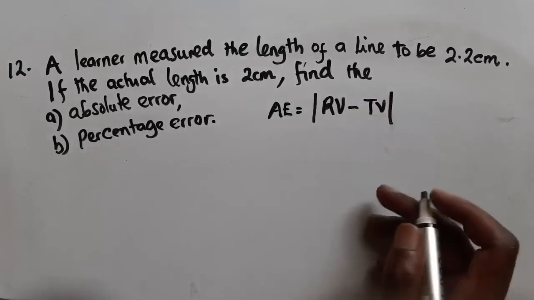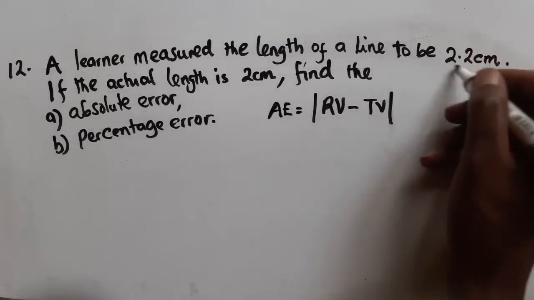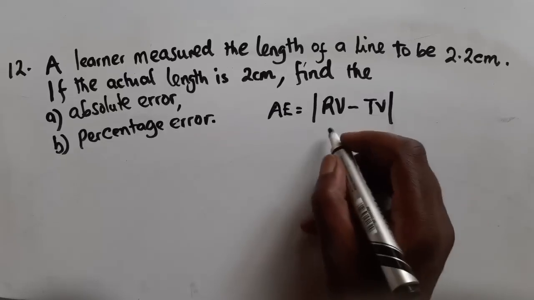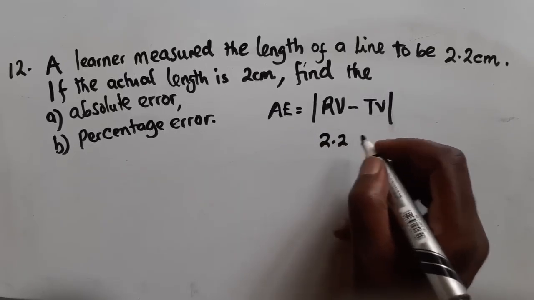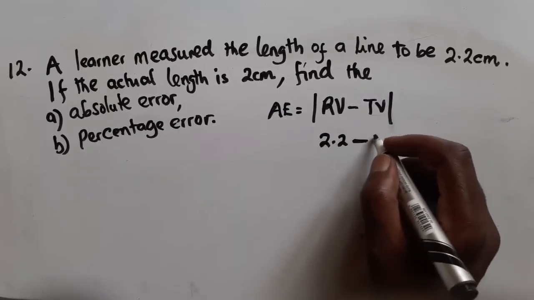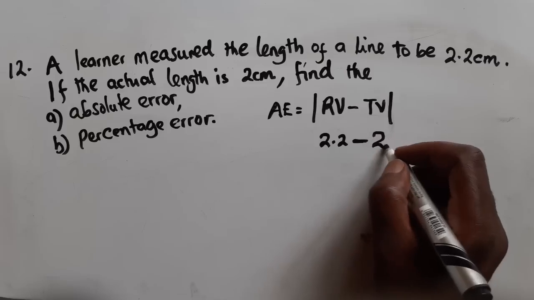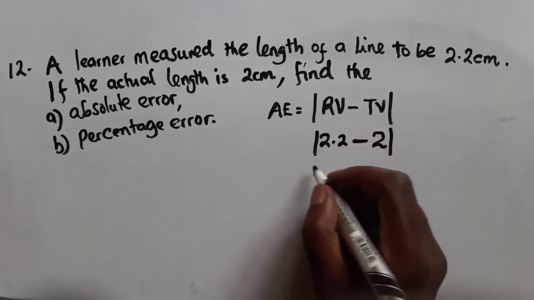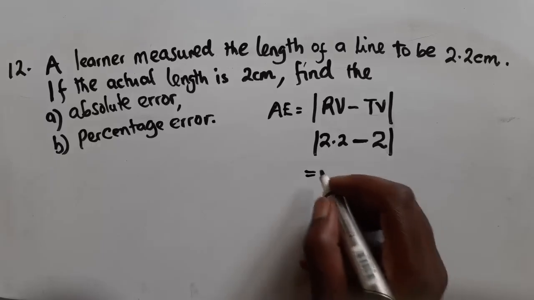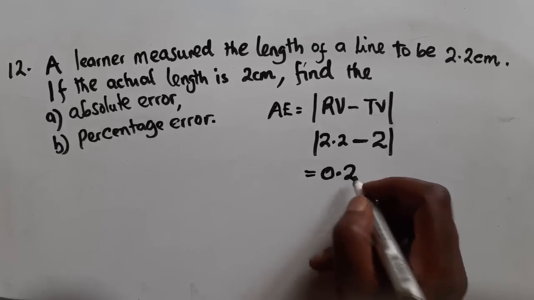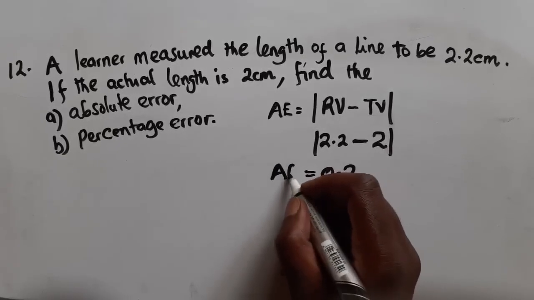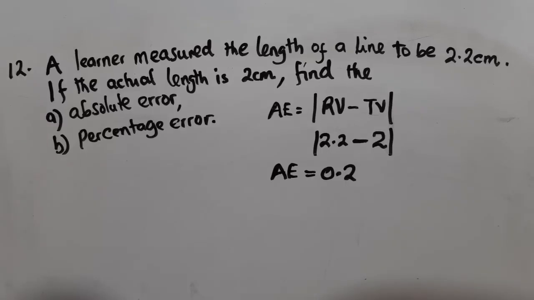The recorded value is 2.2 minus the true value, which is 2. What are we going to get? 0.2. This is what we're going to get, isn't it? Absolute error, this is what we are going to get.